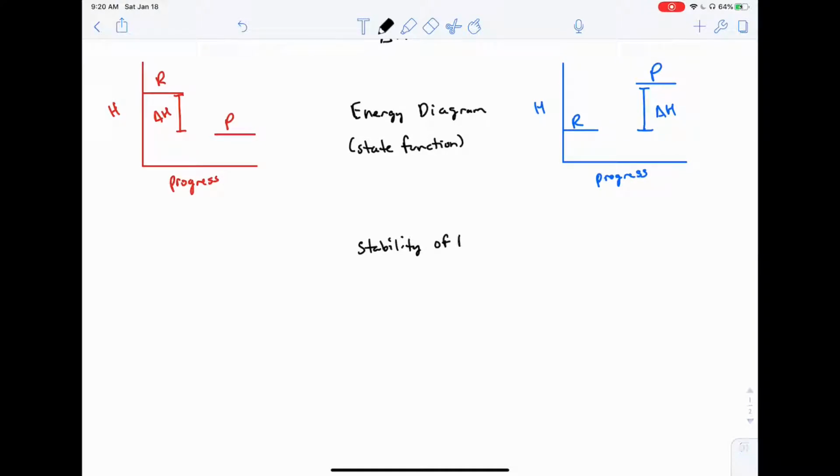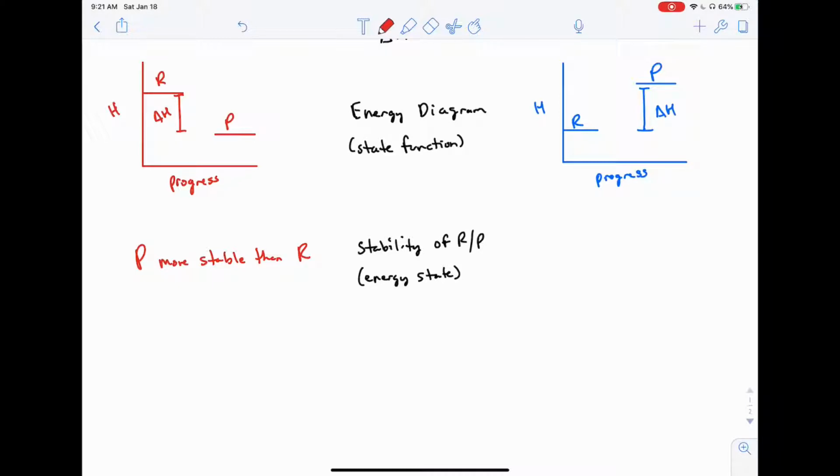Stability of the reactants and products. So the energy state, essentially. Here, in an exothermic reaction, the products are more stable than the reactants, because stability is inferred by the amount of energy required to stay in that state.